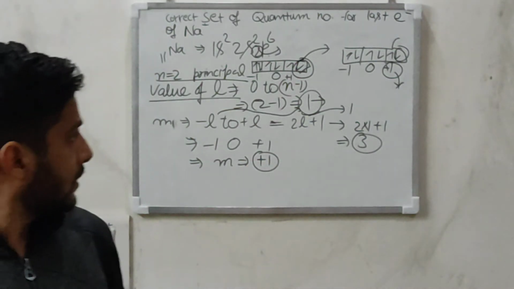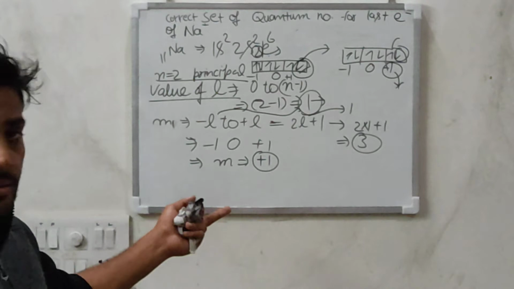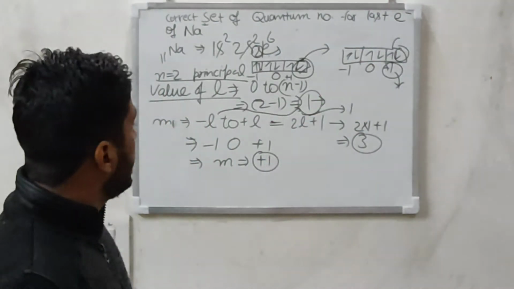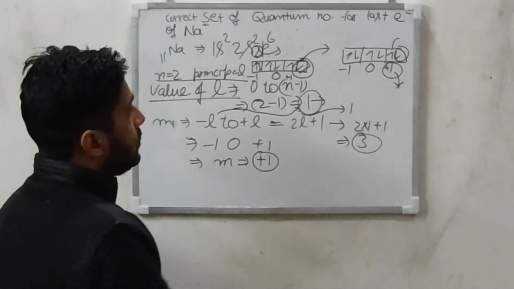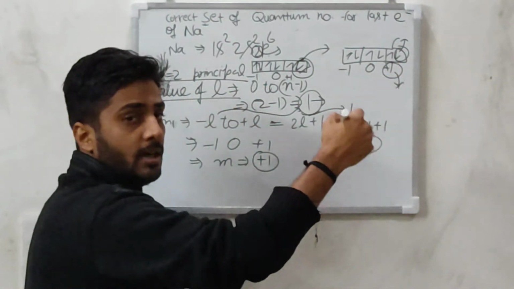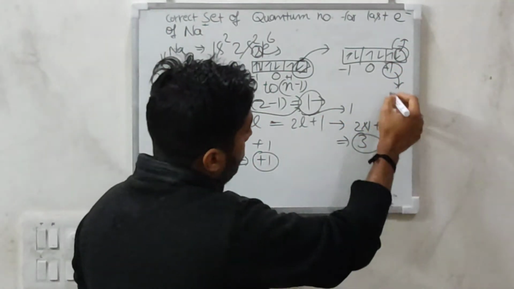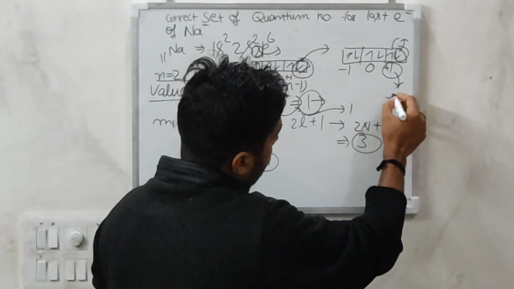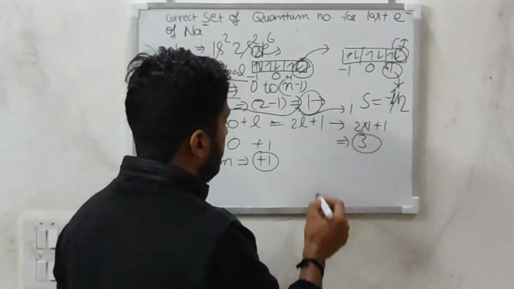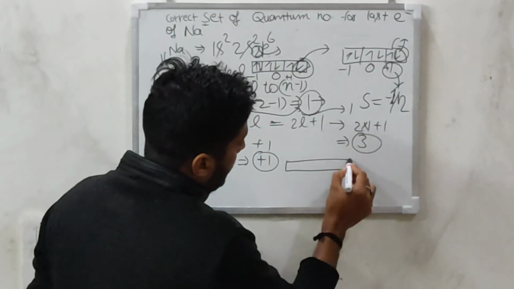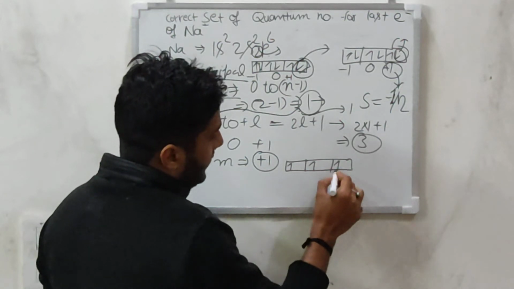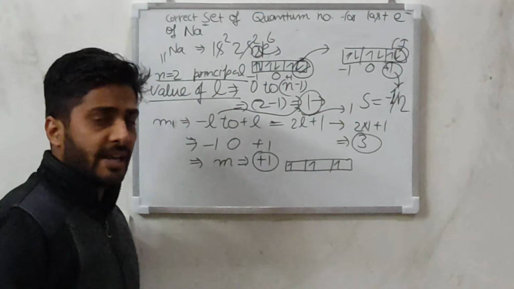So we got to know three quantum numbers. Now we finally have to find our last quantum number, the spin quantum number. As we can see, the last electron has a downward spin, so the value of the spin quantum number will be minus half. According to the maximum multiplicity rule, electrons are filled so that the multiplicity is maximum.